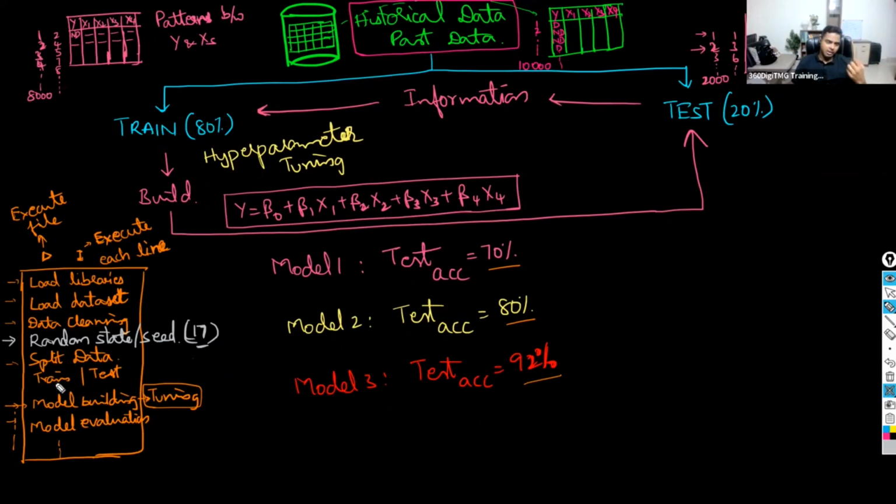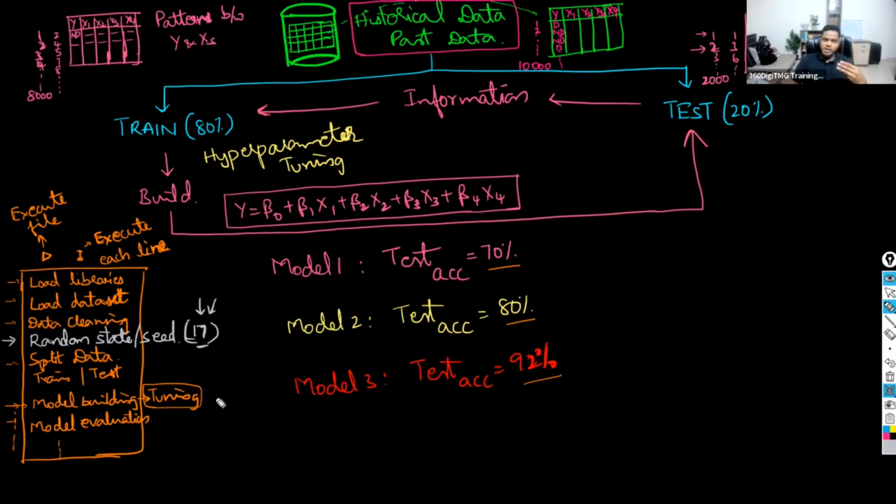The moment it splits the data, all these observations like 2, 4, 5, 7, 8, so on and so forth, which are part of training data, that information will get stored in this. This number is like an object. And all these observations, 1, 3, 6, so on and so forth, which should be part of your test data, that information also gets stored in this number 17.